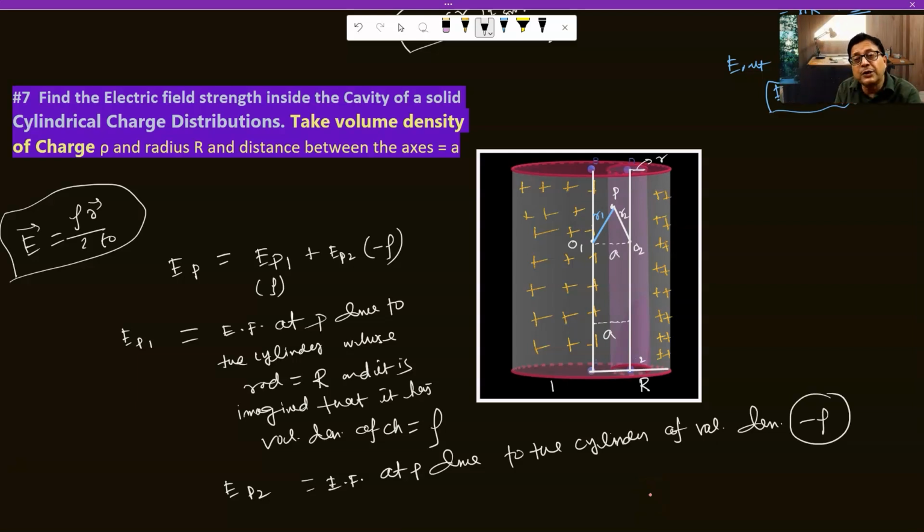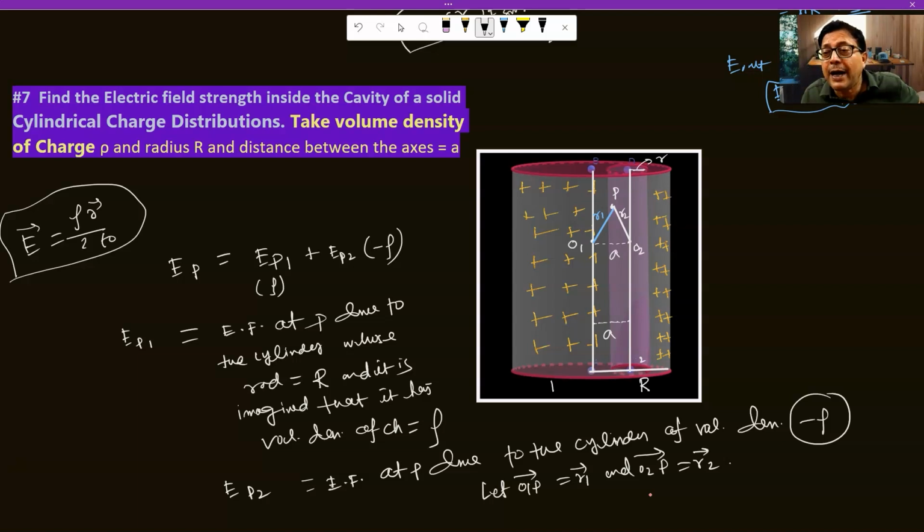The whole cylinder is positively charged. When they fit together at that place, no charge will reside on the cavity portion. Clear? Now, the distance of P from O1, a point on the axis of the original cylinder, you have taken as R1. Let O1P equal R1 and O2P equal R2. You agree with me?